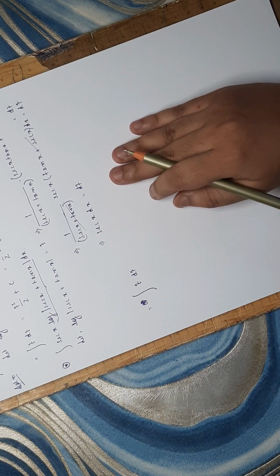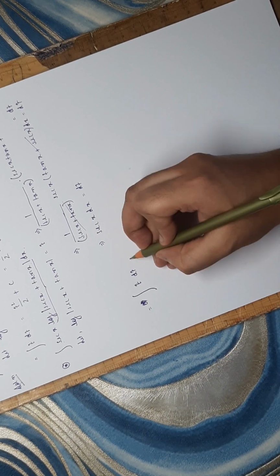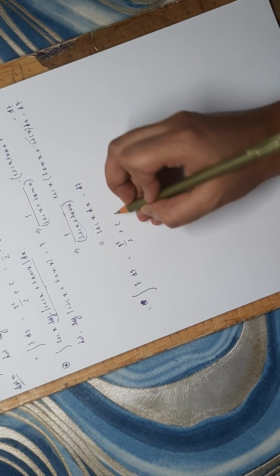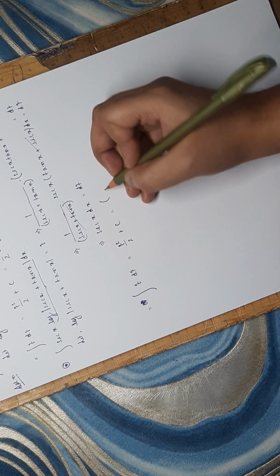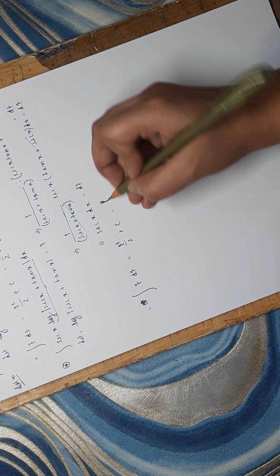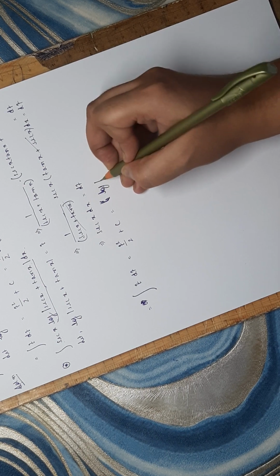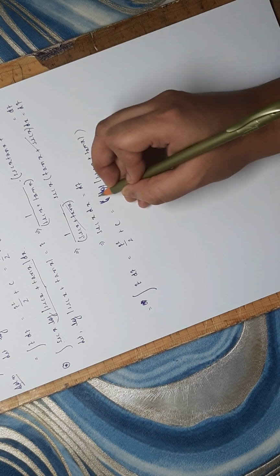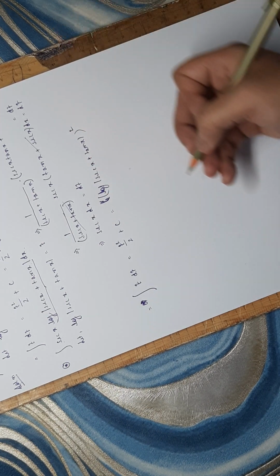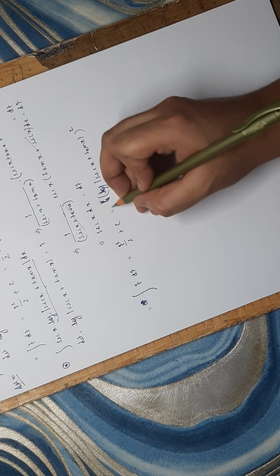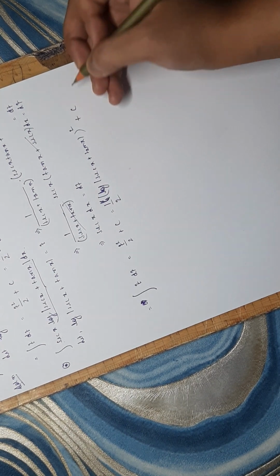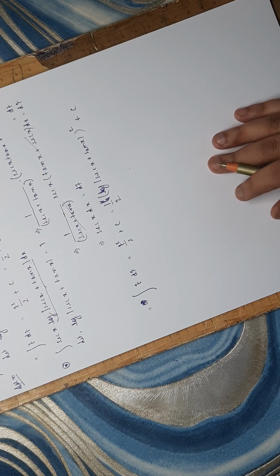All right, so finally we will be having t square by 2 plus c, and then in place of t what we will be having? Log of sec x plus tan x whole square, right? We will be having a half here and a plus c here.